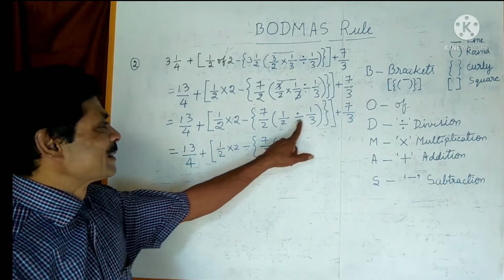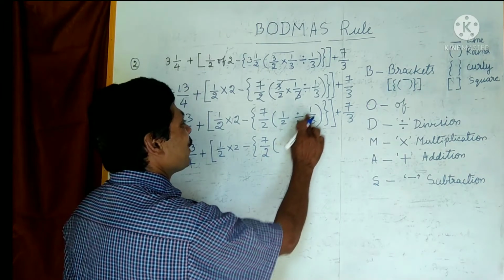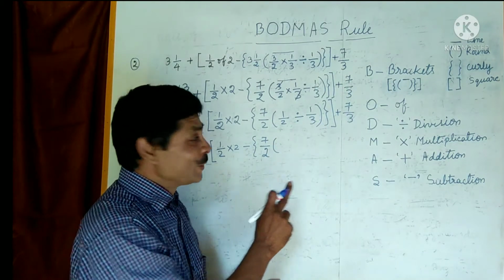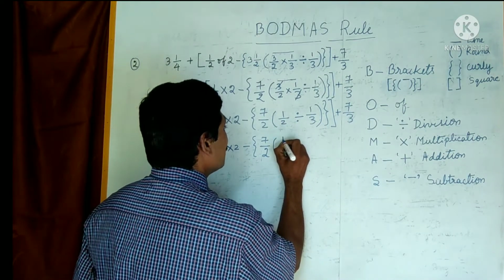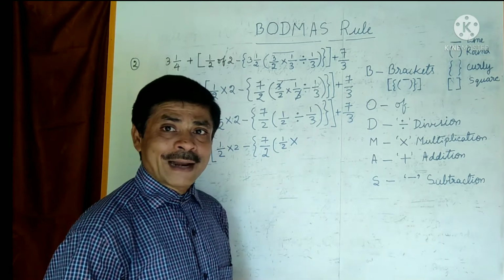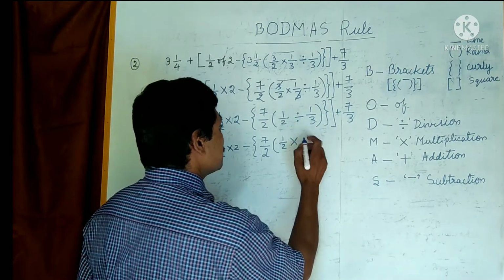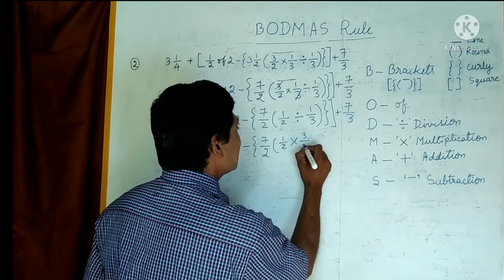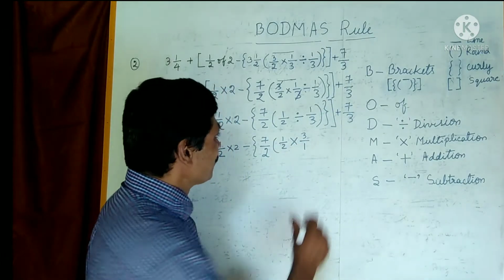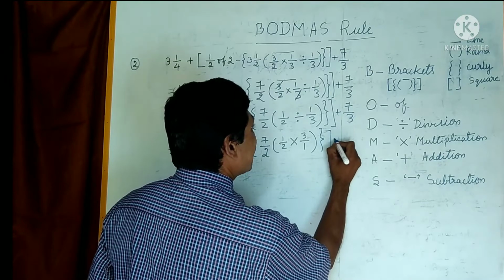Now we will remove this. To remove this bracket, 1 by 2 divided by 1 by 3, we have to convert this into reciprocal. 1 by 2 and write a multiplication sign, and 1 by 3 should be the reciprocal, 3 by 1. Okay?